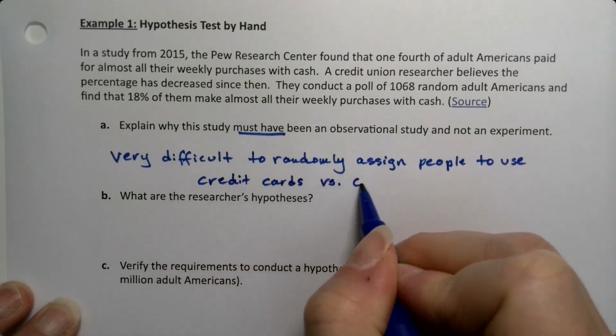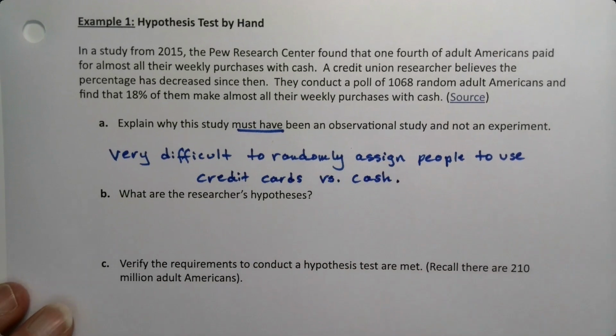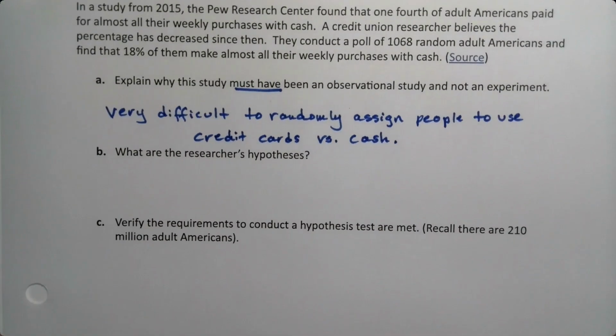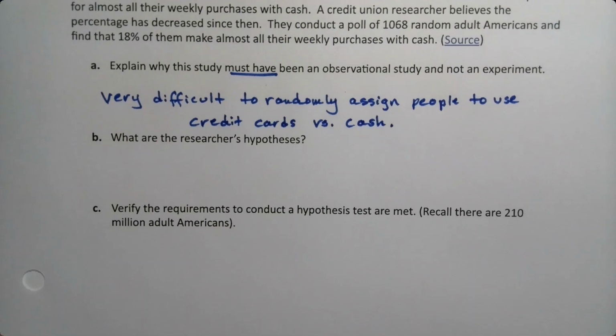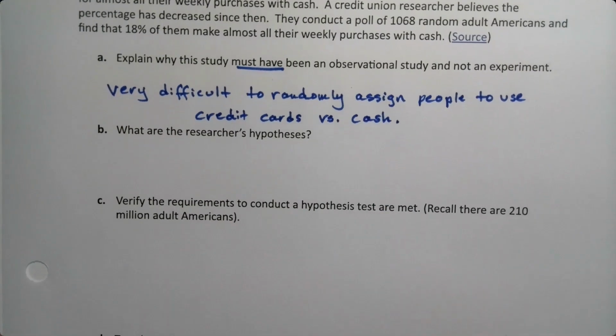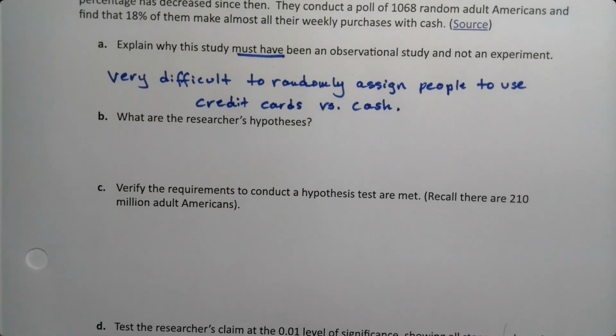Some people don't have credit cards, so they can't use them even if you tell them to. Some people don't ever use cash. It would just be a nightmare, right? They're not near an ATM because of whatever reason, or an ATM that's in their system.